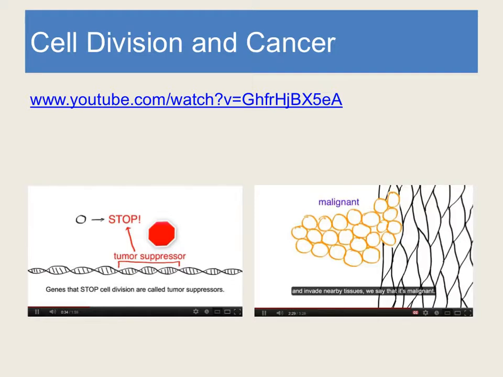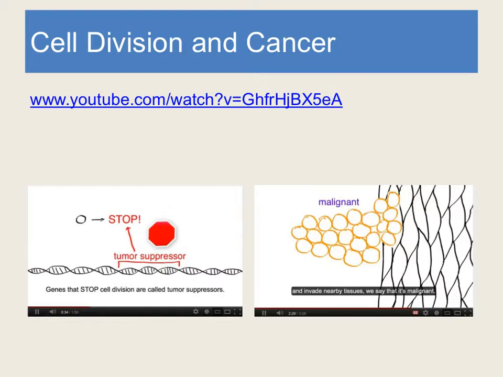What's the difference between a malignant cell and a benign cell? Benign means it's non-cancerous and it's not going to hurt you. Malignant is the opposite: it invades tissues and hurts them. Exactly. So a malignant cell invades adjacent tissue.